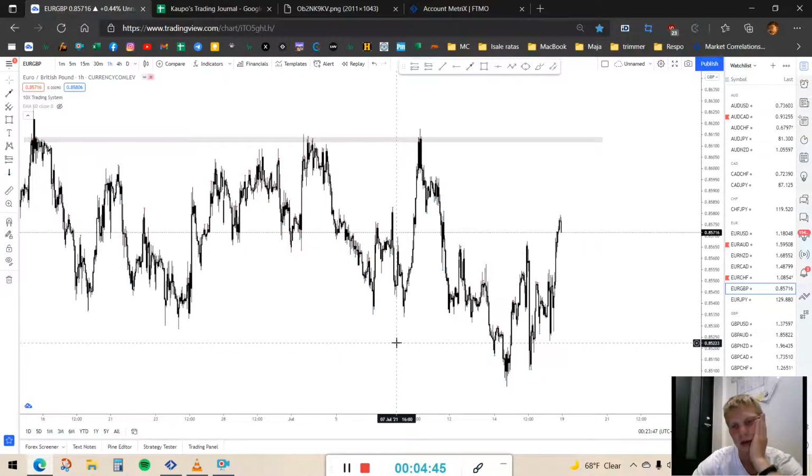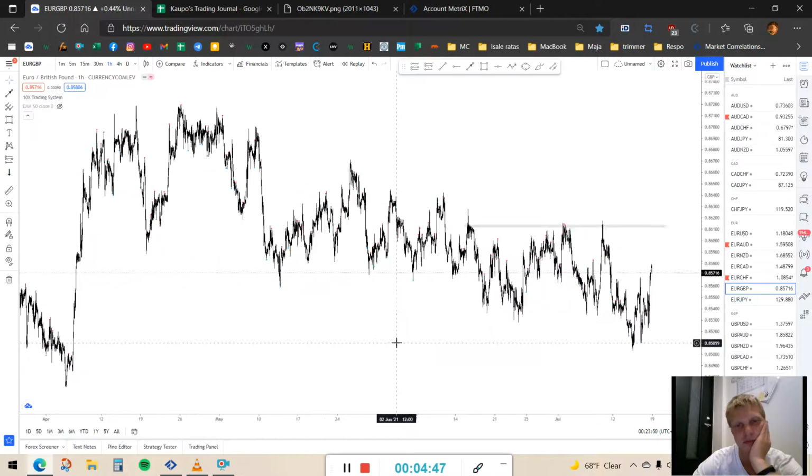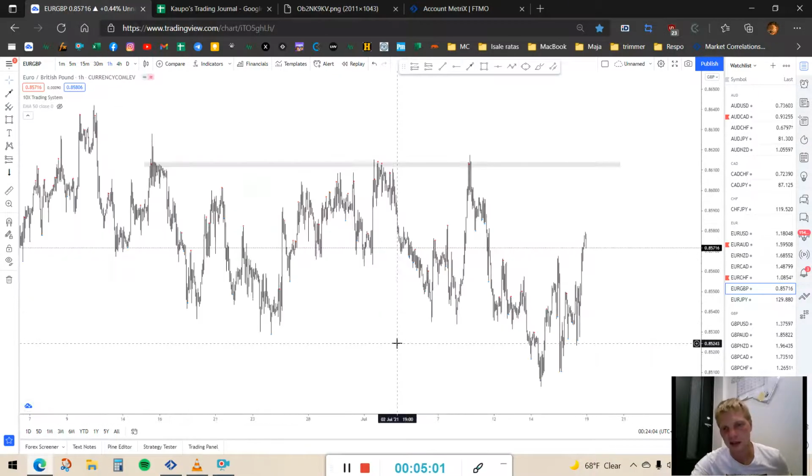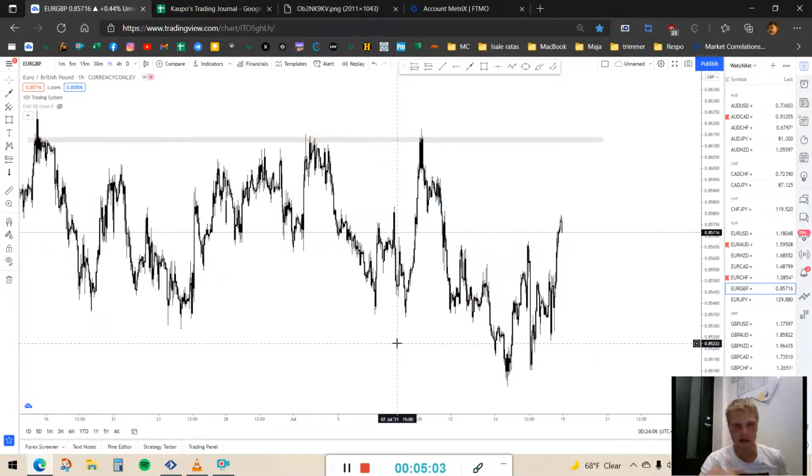What to learn from this trade? I actually don't know, because I've been trading this system quite some time now, the break and retest and the 10x signals on clearly visible levels.